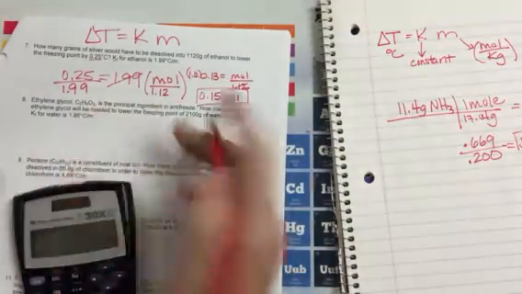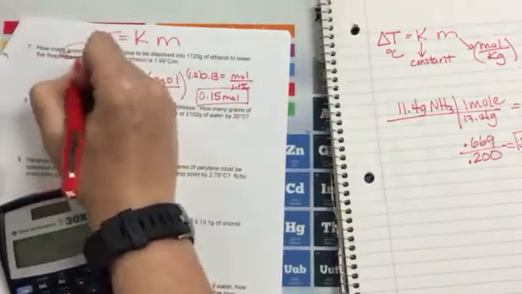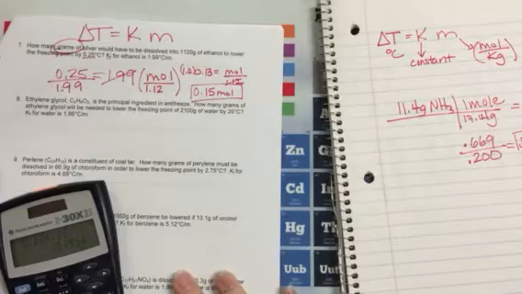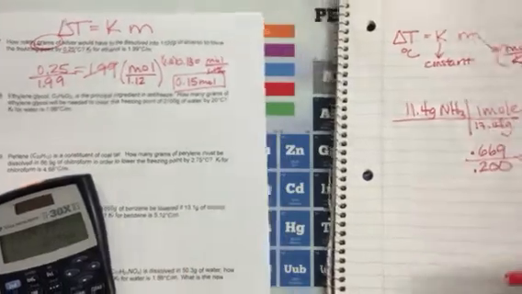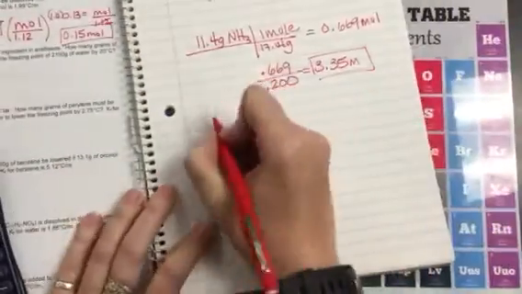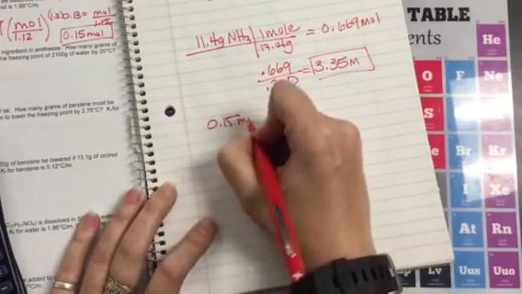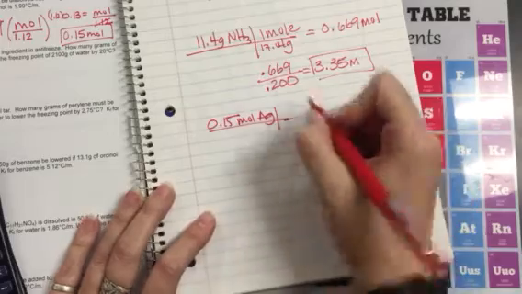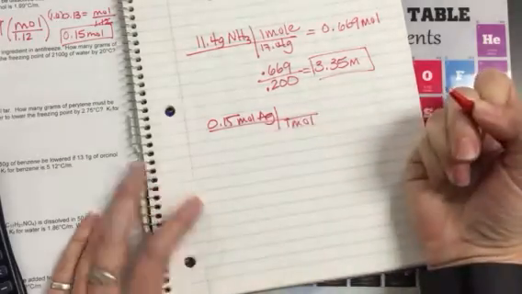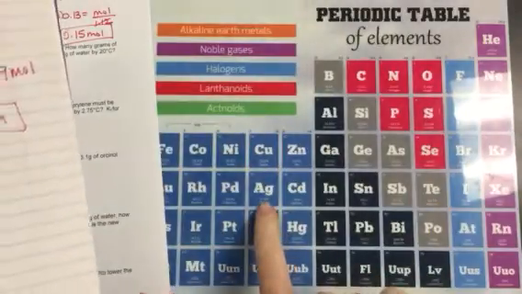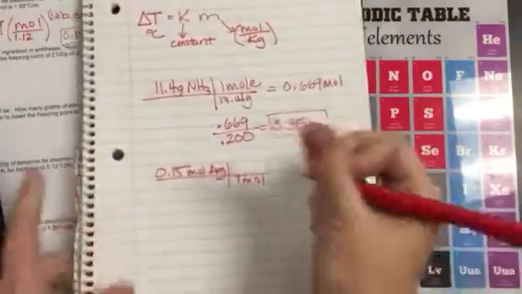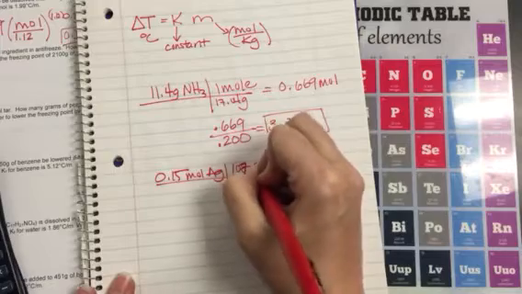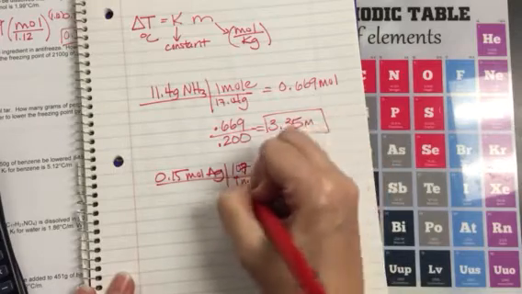Well, actually I'm not done. Sorry, I just boxed that in. But it says how many grams of silver. So I need to take my moles and convert them to grams using my molar mass. 1 mole of silver, when you look it up on the periodic table, is 107.87 grams.